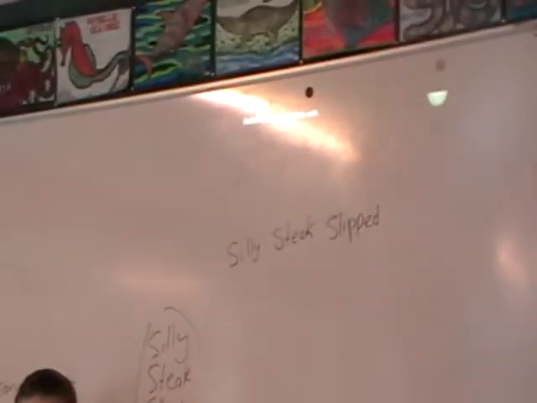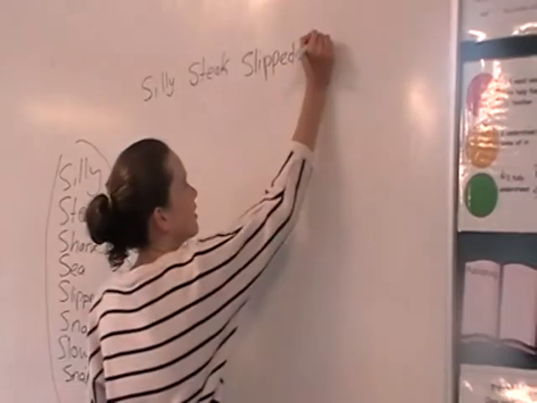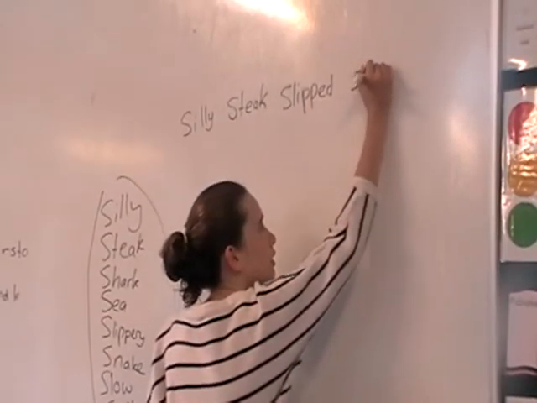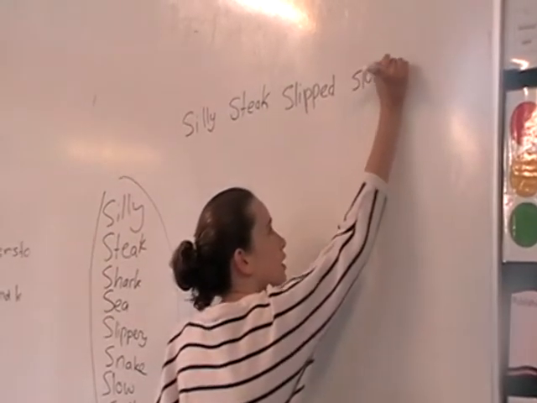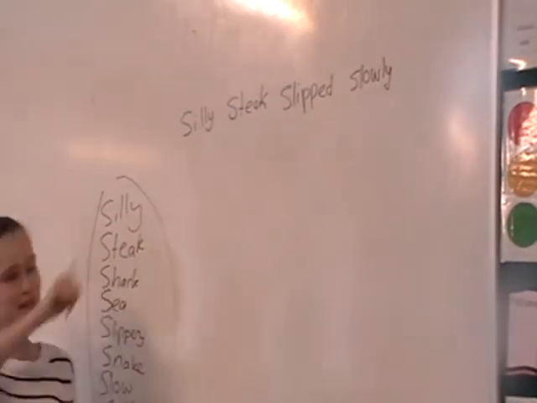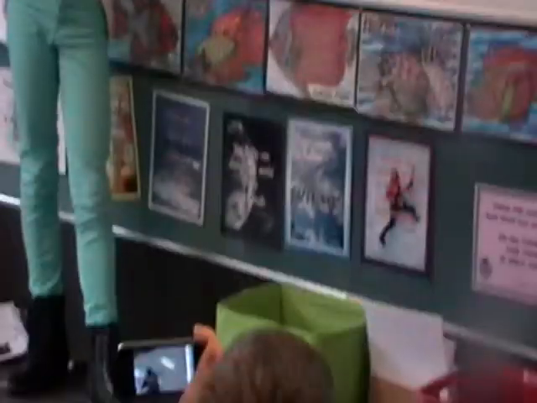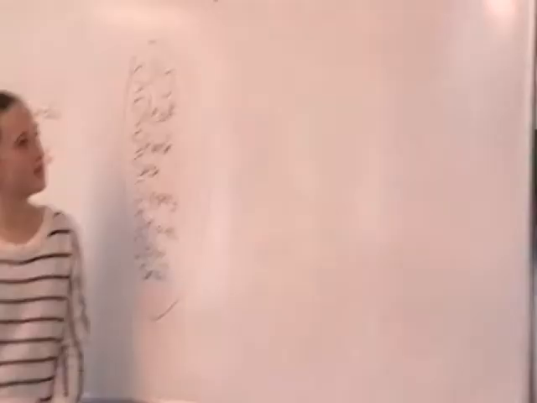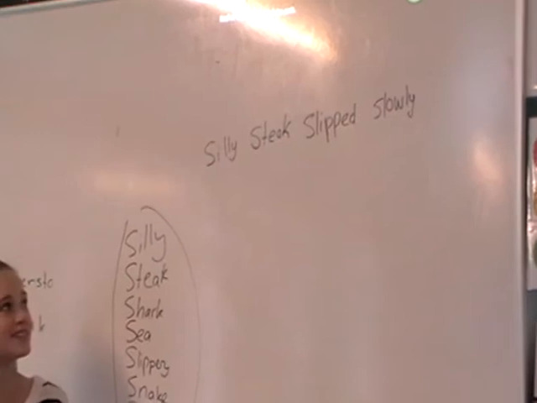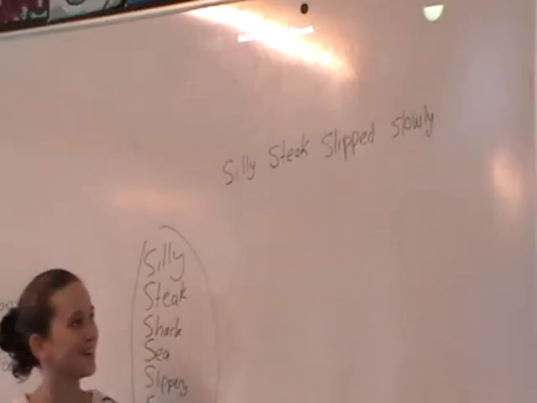Slipped. Slowly. Slipped slowly. James? On a snail. Okay. Silly steak slipped slowly on the stairs.